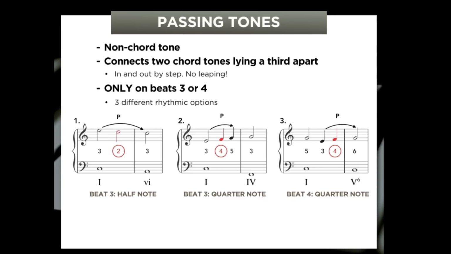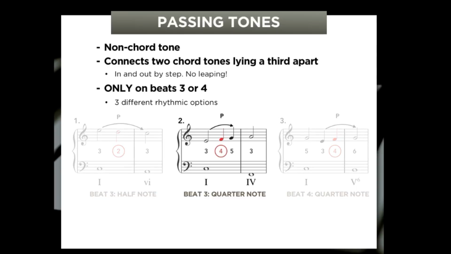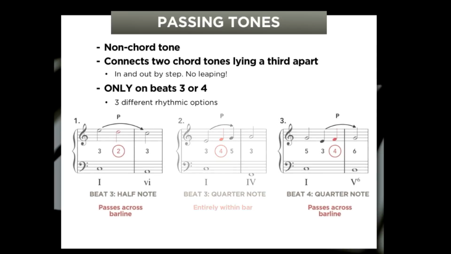So these are the 3 rhythmic options, and it's important to note that they are different in certain regards. Notice the middle one here. The passing note occurs entirely within the bar. The first chord tone, the second chord tone, and the passing tone that connects them are all occurring within one harmony. By contrast, the first and third rhythms I show you here have passing tones that pass across the bar line, so that the first chord tone and the second chord tone are actually not part of the same chord.